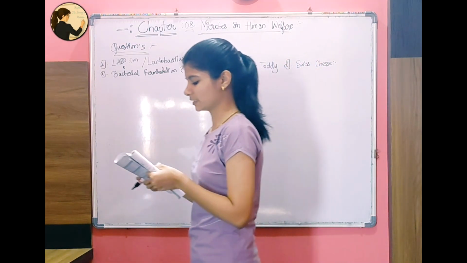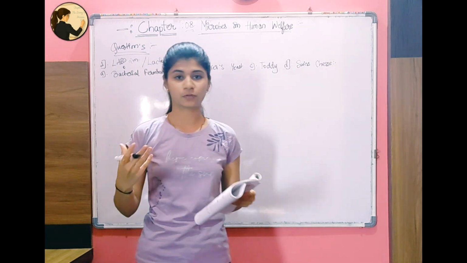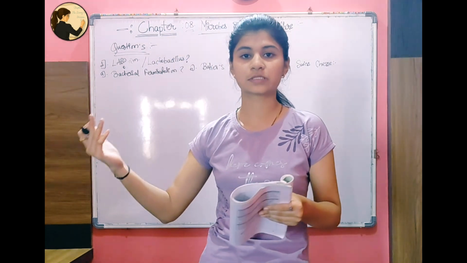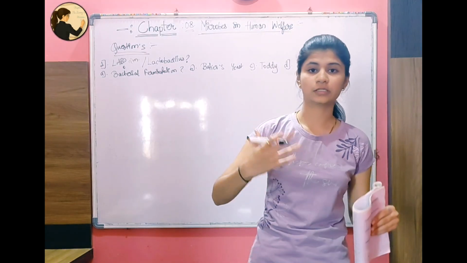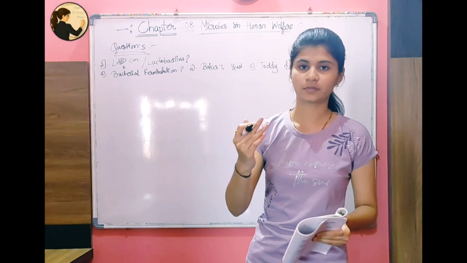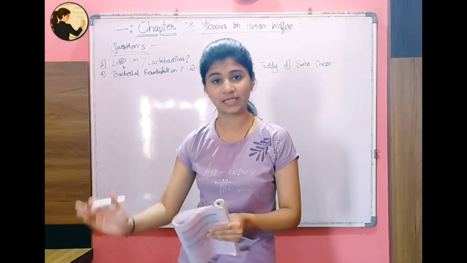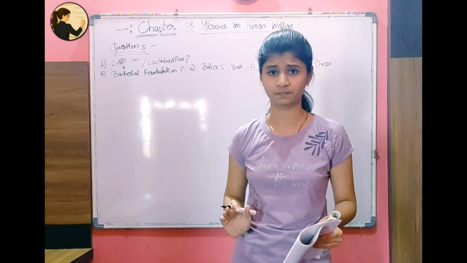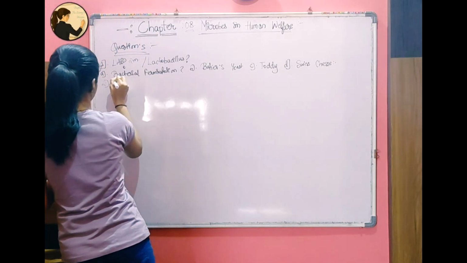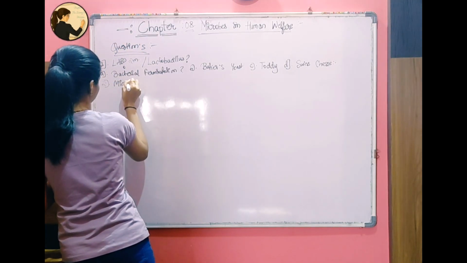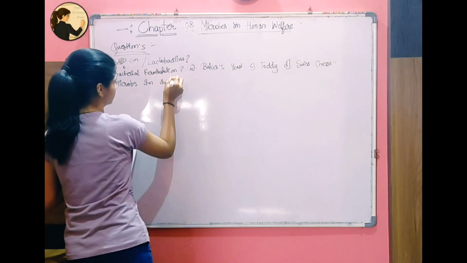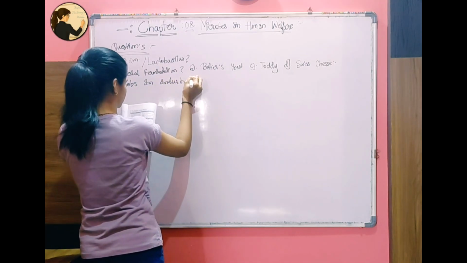Then the second one is microbes in industrial products. The question will be like, what are the microbes used in industrial products? What are the uses of those? What are those exactly? First of all, you have to write in the form of definitions with examples in the scientific form. The second question will be of microbes in industrial products.